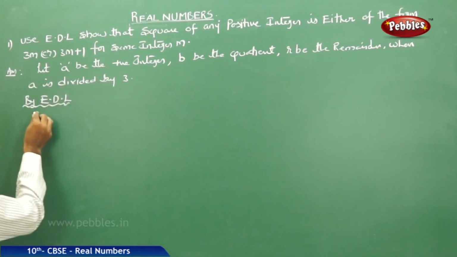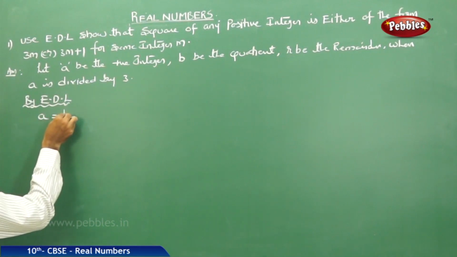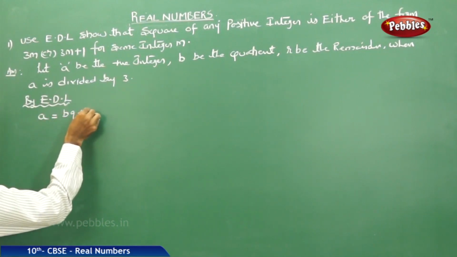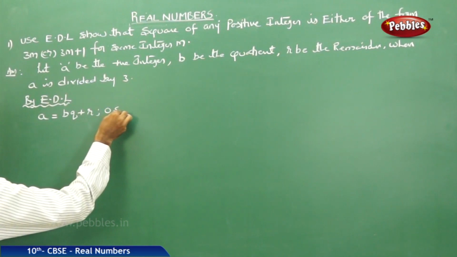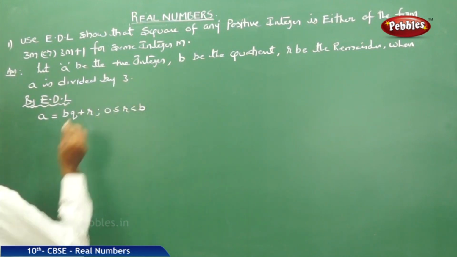What will you write? Formula: A is equal to BQ plus R, where 0 less than or equal to R less than B.